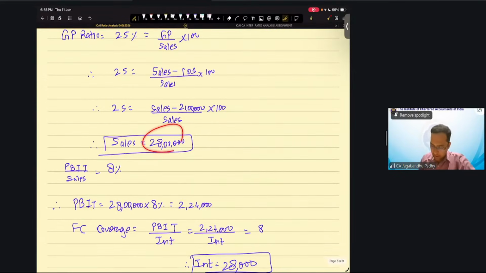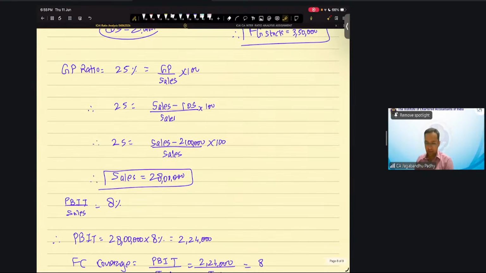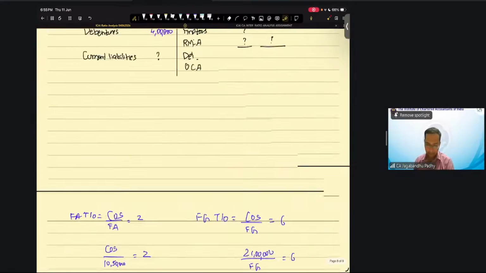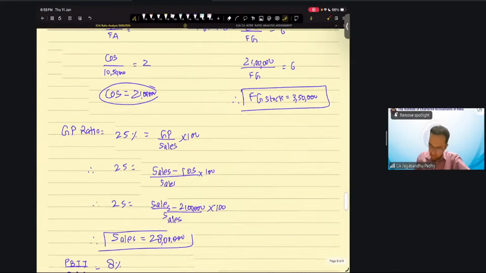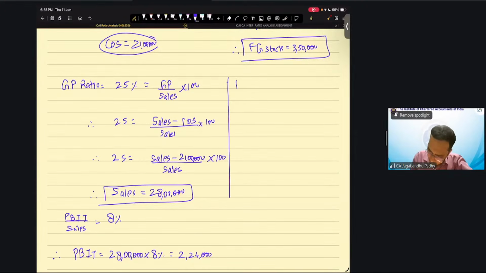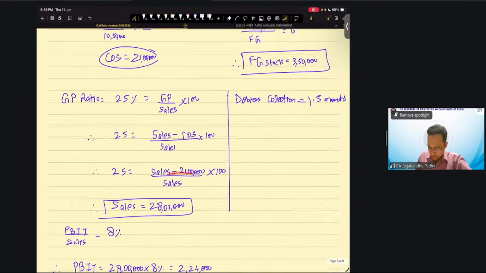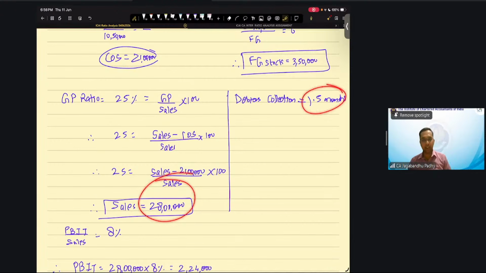Sales is 28 lakh and debtors collection period is 1.5 months. So use both these items to give me the value of debtors.